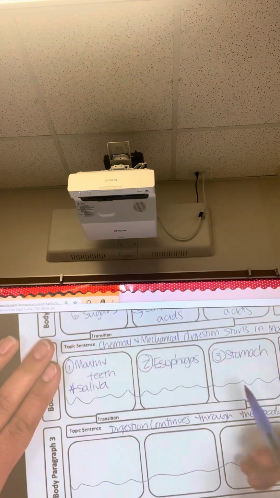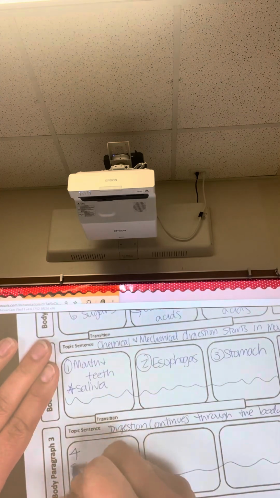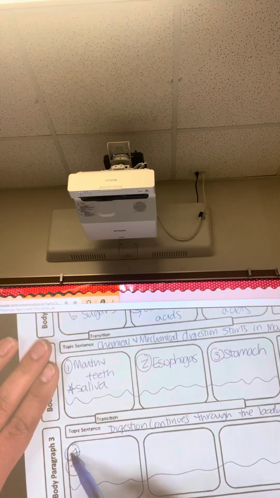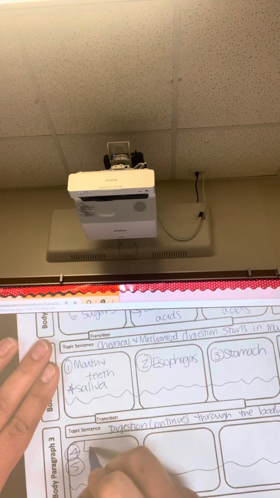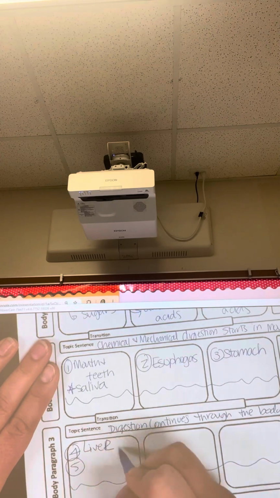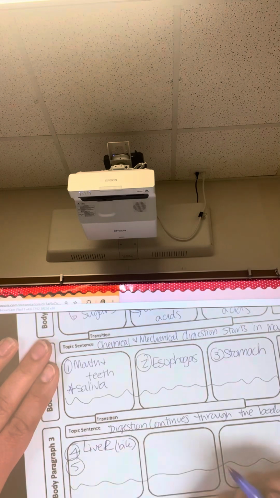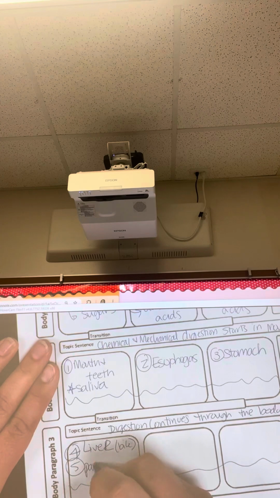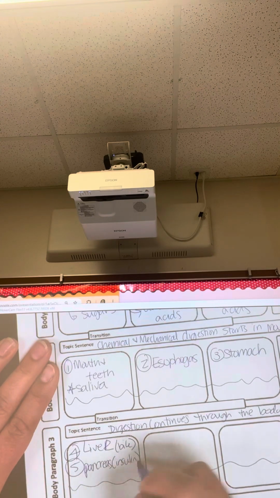Now, it doesn't go here, but these two things help digestion. Does not go here. Yes, the liver. And that helps with bile. And what's the other one? Pancreas. And that's insulin. You don't have to write that down, but that breaks down the sugars.